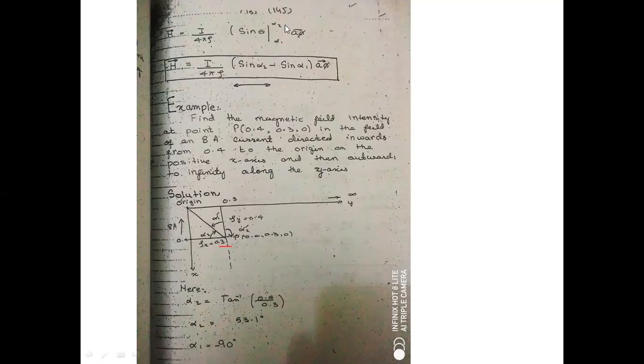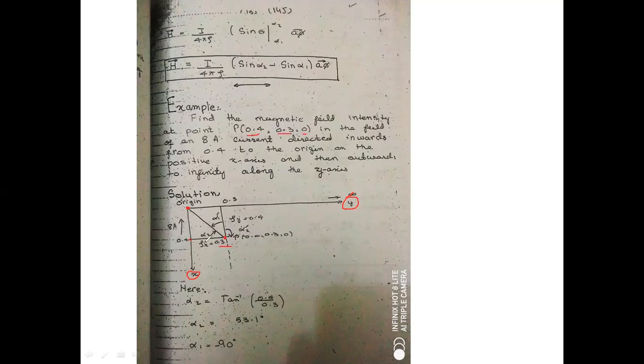So actually the direction is here. This is the origin, this is the x-axis, this is the y-axis. And the point of observation is here: 0.4 from the x, 0.3 from the y, and z is equal to 0.